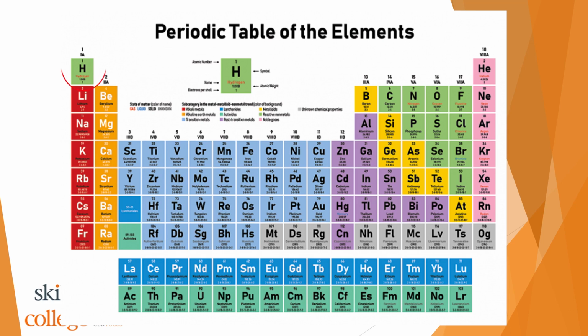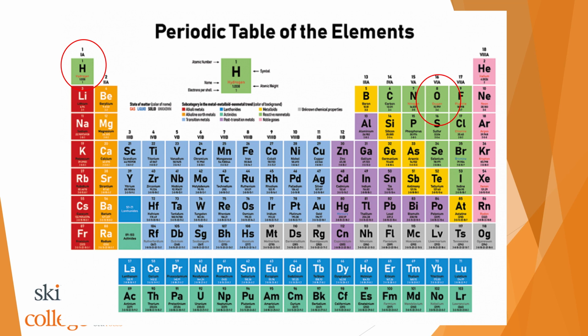The simple example I wanted to use was hydrogen and oxygen. If you look in the periodic table, hydrogen is number 1, oxygen is number 8. And from just looking at the periodic table, we can visualize what the atoms look like. We know hydrogen has 1 proton, 1 neutron and 1 electron. So it's looking for 1 extra electron to be full, or to get rid of 1.